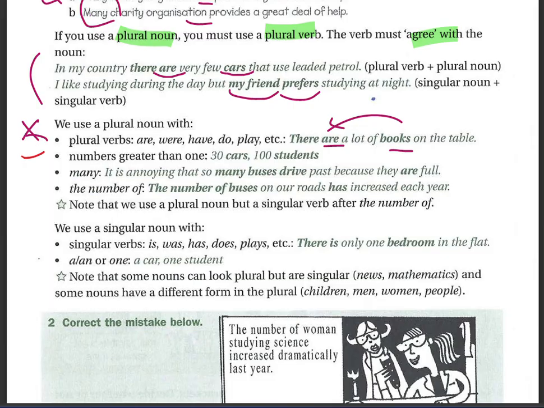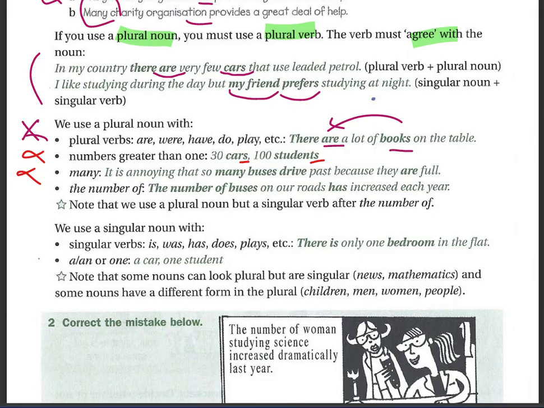Here, with numbers greater than 1. So, when we have number 2, 3, 4, and more than that, we use a plural noun. 30 cars, 100 students.